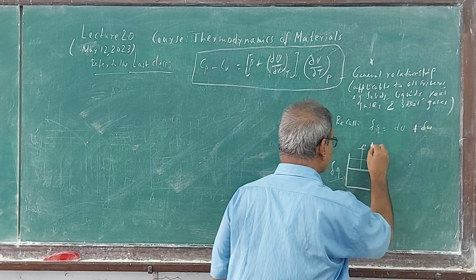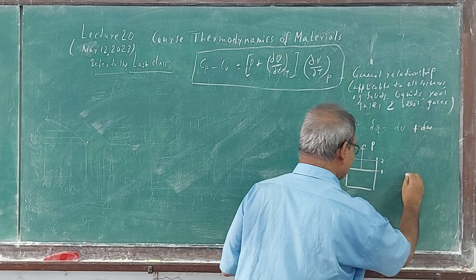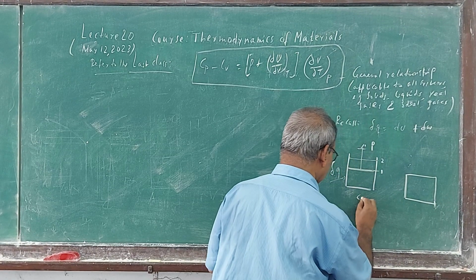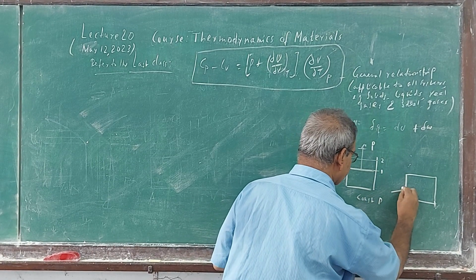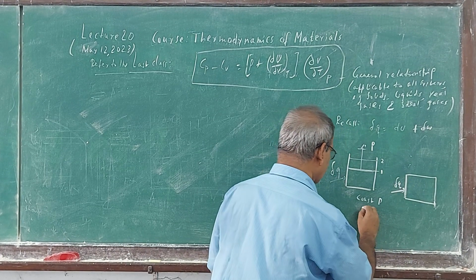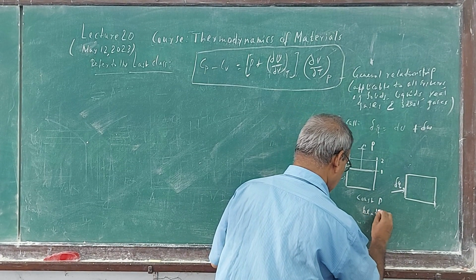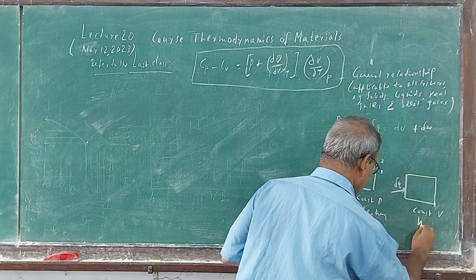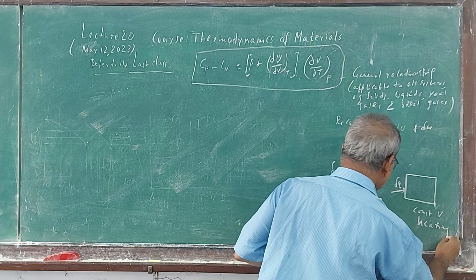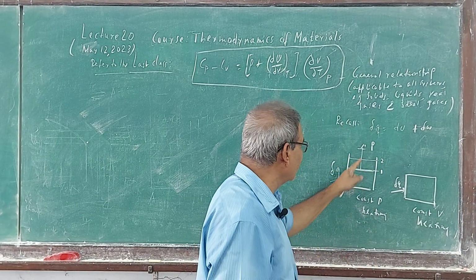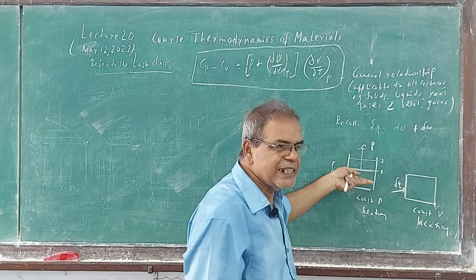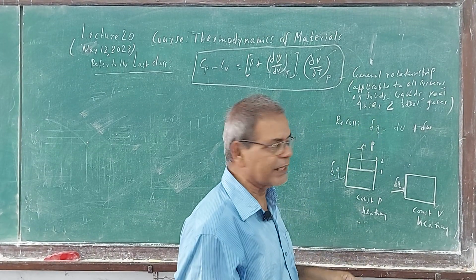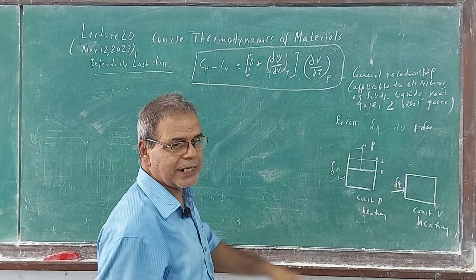The other is constant volume heating, here also dq. So you see clearly, in constant pressure heating we get work done because there is an expansion, an increase in volume. So PdV is involved, and that is the external work, against external pressure.